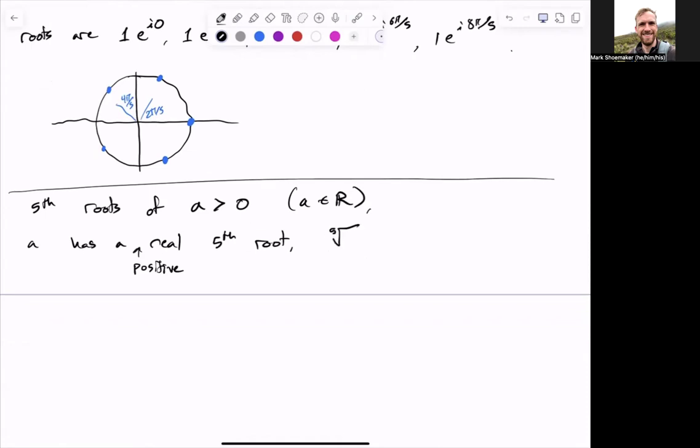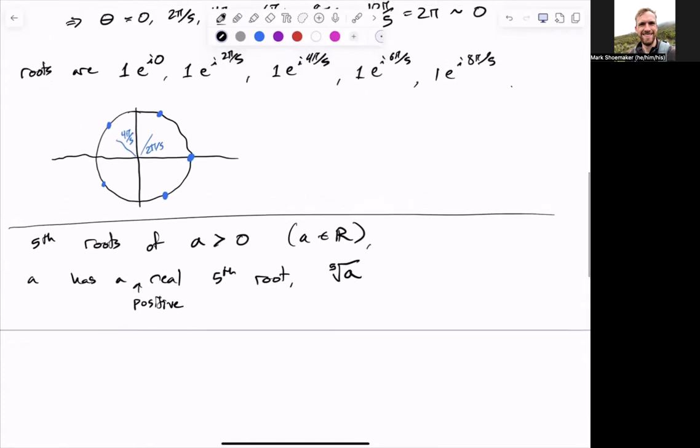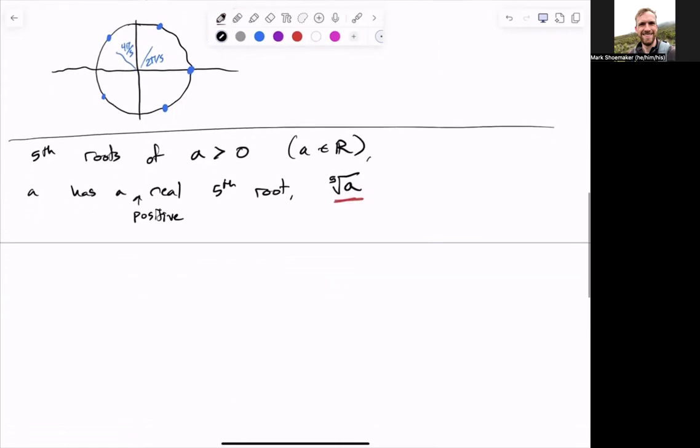Which we usually denote like this. And all the other roots are going to have this as their r, as their distance from the origin, and the angles are going to be the same as before. And so what we get is that the roots are the fifth root of a, which is the same as the fifth root of a times e to the i 0.